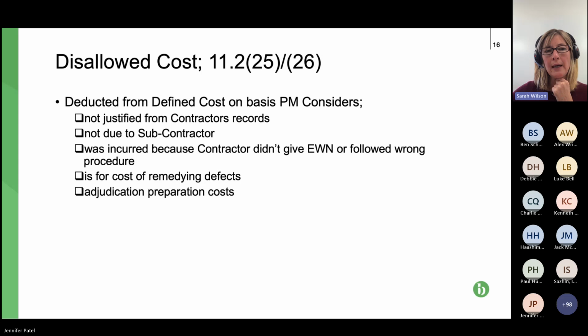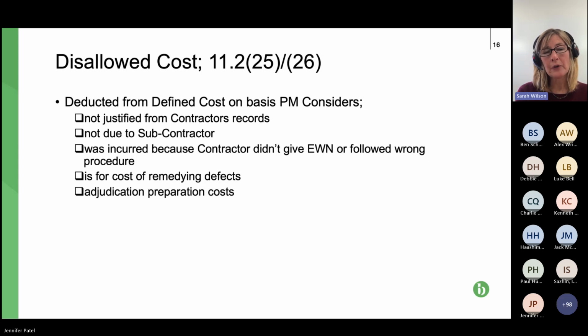And the square sub-bullets, which are little squares, are some of the examples. For me, they're the main examples of items that the contractor isn't entitled to be paid for within its defined cost.